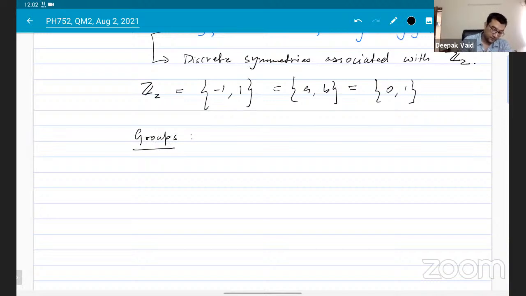Groups. So what is a group? A group is a set, right? It can be a finite set or an infinite set, which is closed under something called a group multiplication operation.